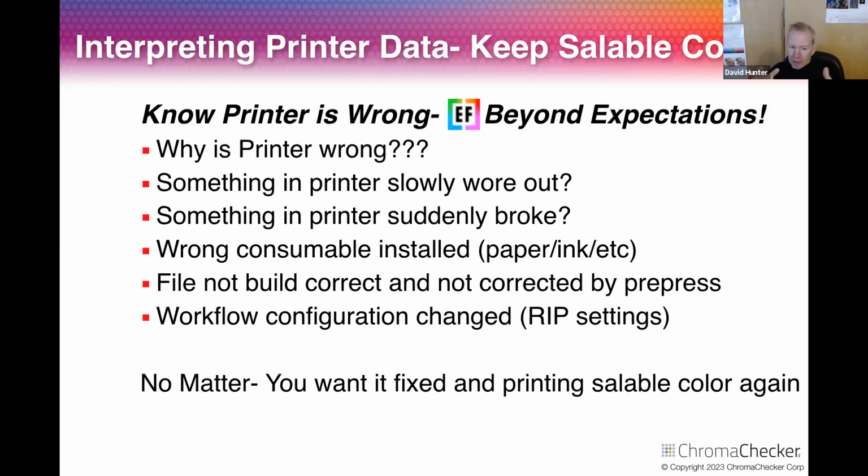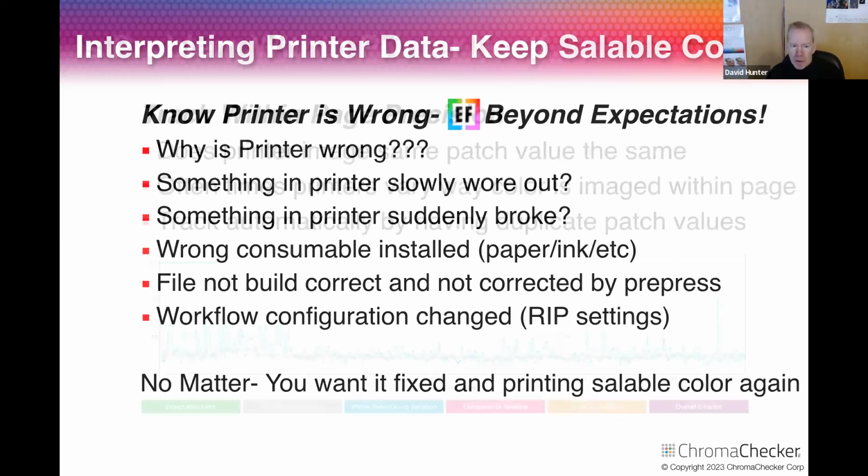And no matter why it's wrong, you want to get it fixed. So there's strategies that you can implement as color champions within your companies to help figure out what's wrong with the print. And we're going to share many of those strategies with you in today's presentation.